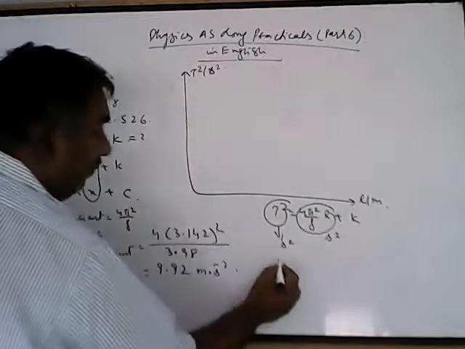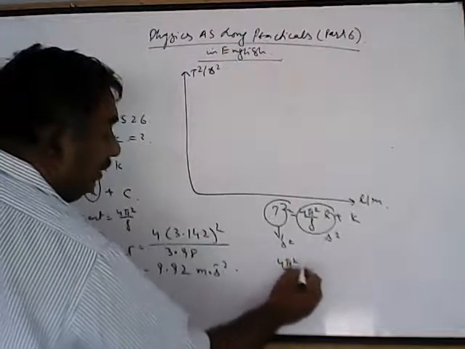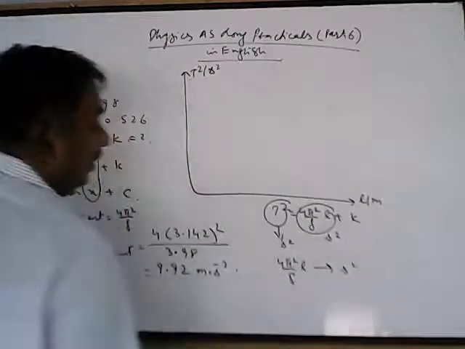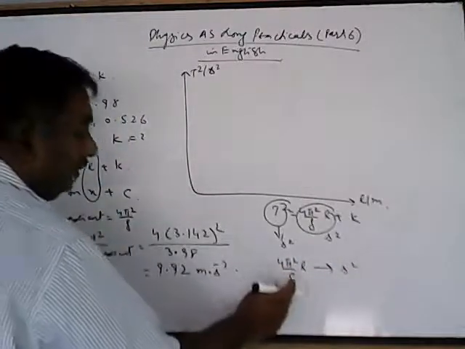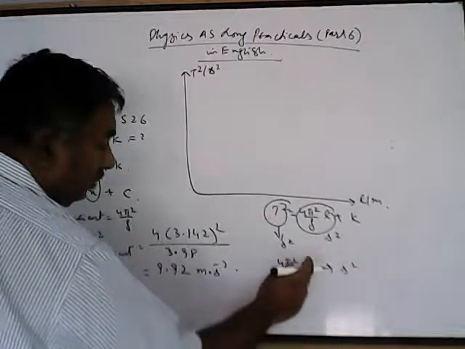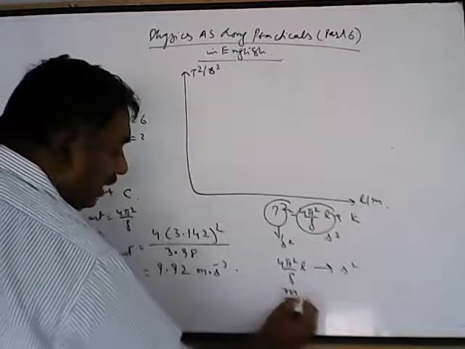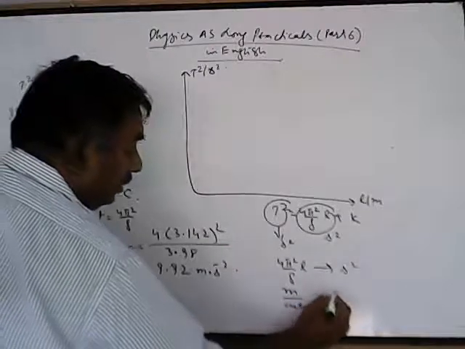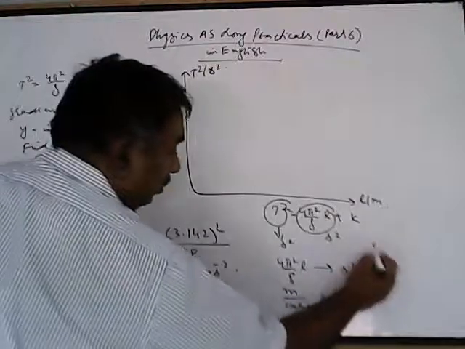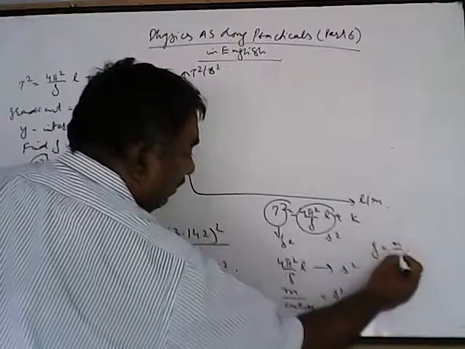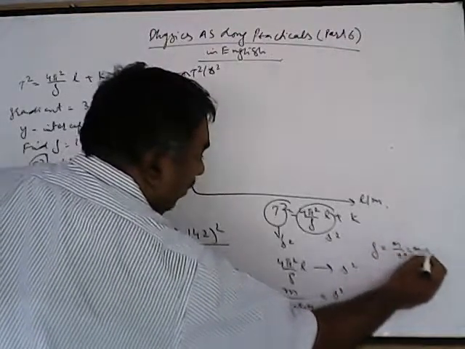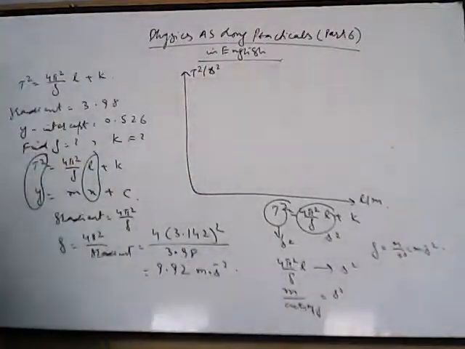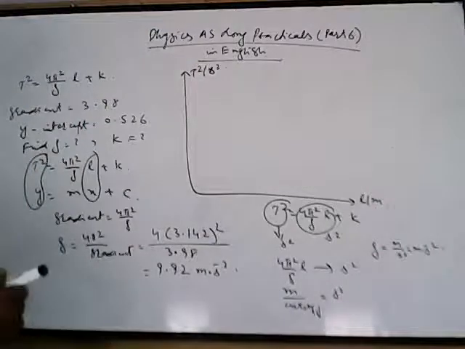So 4 pi square upon gL is in second square. I have to find the units of g. 4 pi square has no unit, the unit of length is meters, upon units of g must be equal to second square. g comes here. So units of g will be m s power minus 2. So you can calculate by the homogeneity of the equation.